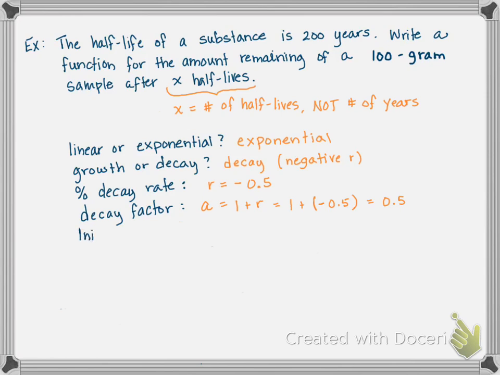What's our initial value? The function I'm writing tells me the amount of the substance that I have, so the initial value should be the initial amount of the substance, which is 100 grams. So my function f of x equals, well, you should always start with what you started with.